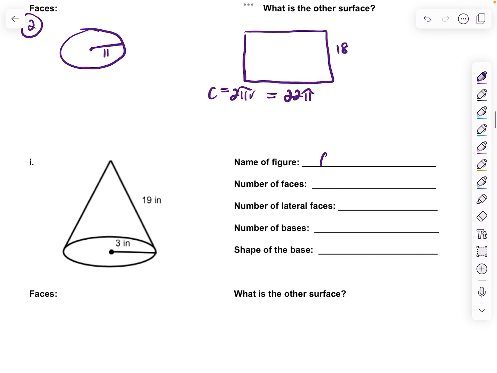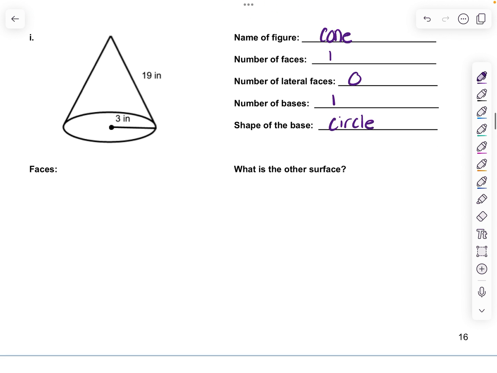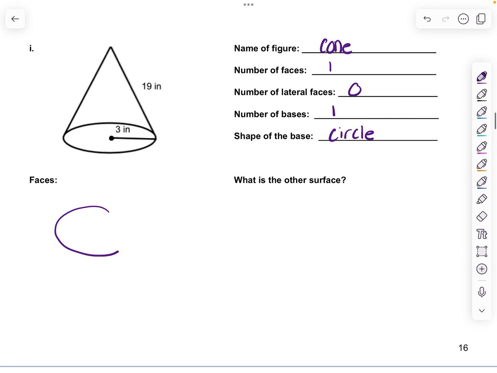Okay, the next one is a cone. Number of faces in this case is 1. There are 0 lateral faces and 1 base. Again, the shape of that base is a circle, so the only face we have is a circle. In this case, it has a radius of 3.